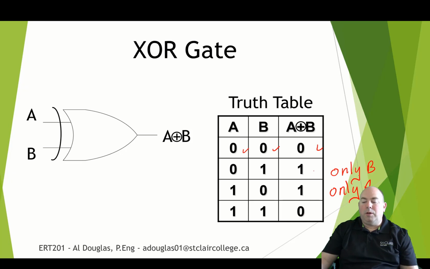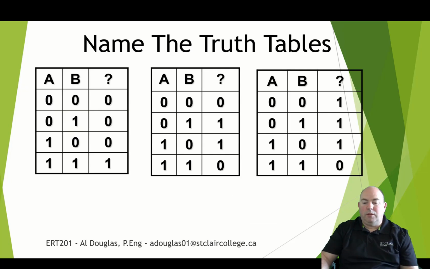So it has to be only one or the other. These are the only input combinations that give us a 1 as a result. So both off or both on do not give us a 1. It's only if we have one or the other. So that makes it the exclusive OR. It's looking for one exclusive input. Okay? So those are our 3 new gates that we're learning this week.